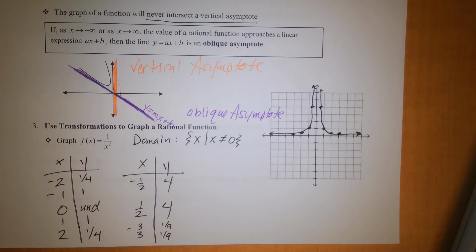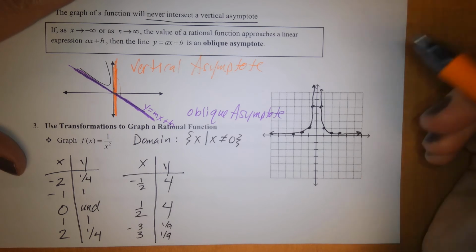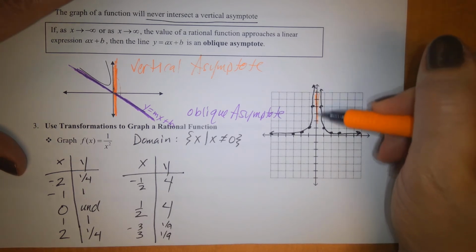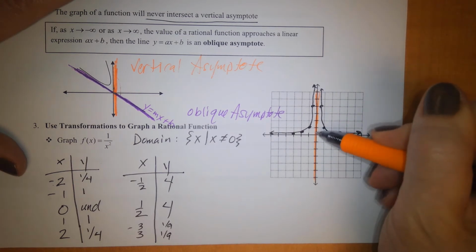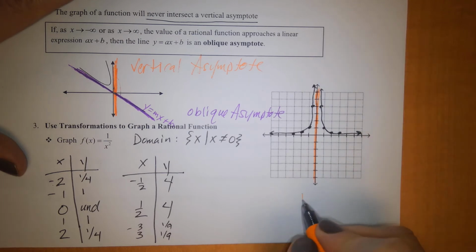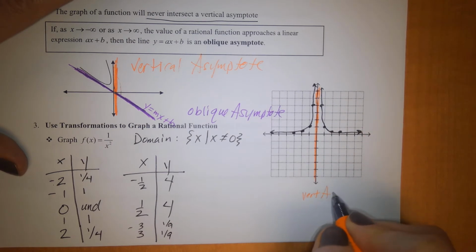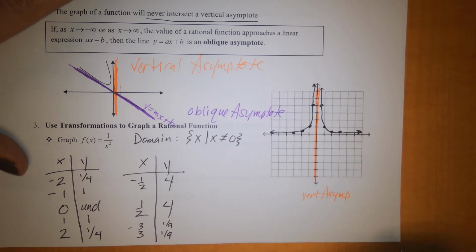Okay? Now, we're going to take this information and we're going to use some transformations. First thing I'd like to notice is there are asymptotes in here. There is a vertical asymptote. I can see it running right down through here. This is the vertical asymptote. And the equation of this vertical asymptote is going to be located at x equals 0.